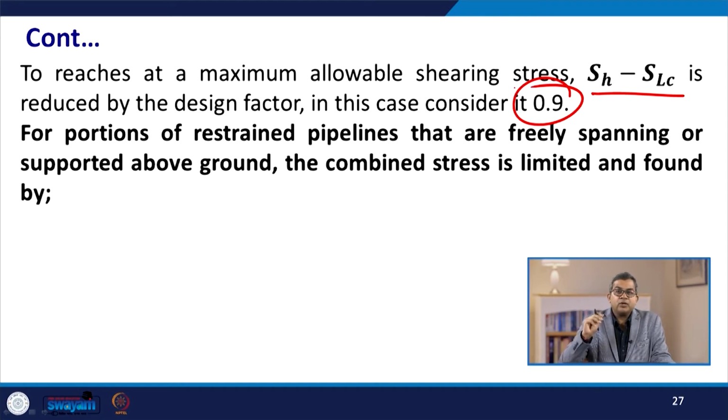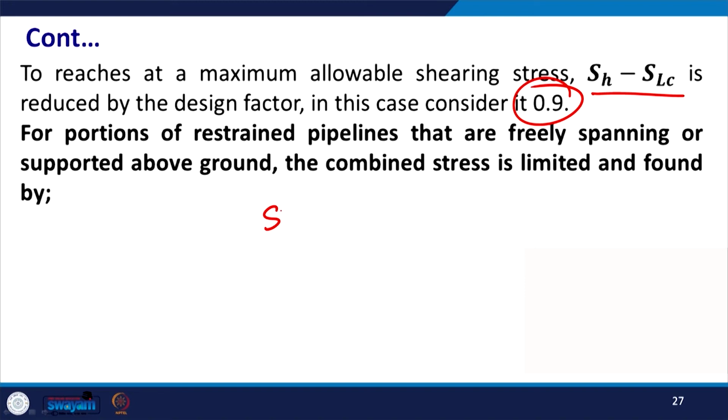Now, for portions of restrained pipeline that are freely spanning or supported above ground, the combined stress is limited and usually found by SH minus SLC plus minus SB less than or equal to 0.9 ST, and that is equation number 14.